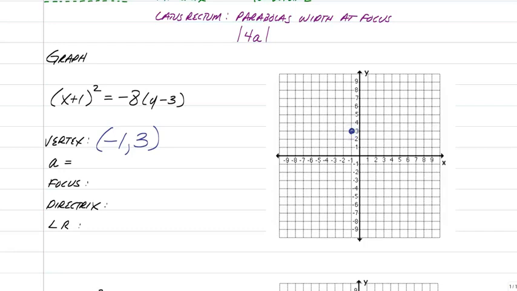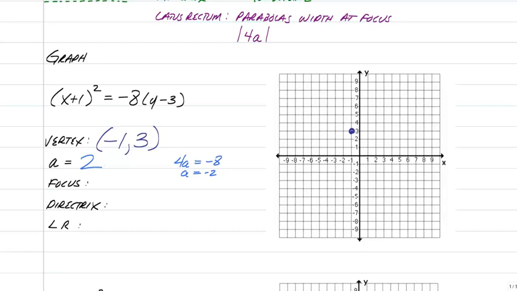Remember what I said, a is the distance. So we're going to take 4a, and it's equal to -8, which means a is technically equal to -2 when we're solving, but it's a distance, so it's just 2. Just so you are aware when you are listing this.